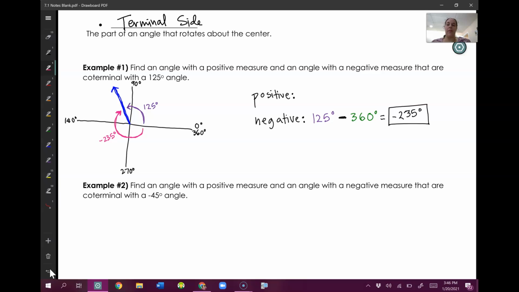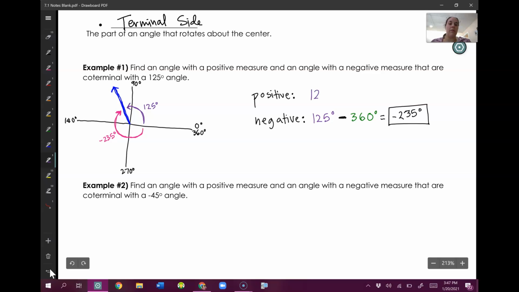Now, the other way we can think about this is if I go 125 degrees and then I go a full circle more, then I'm going to land up at that same blue line. So I could also do 125 plus 360 to end up at that angle again.